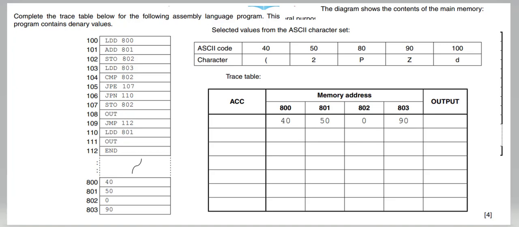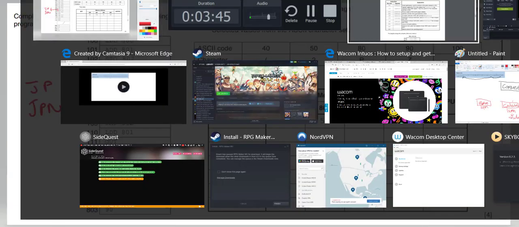STO, remember, will always store it back into this address. We've got a comparison. Because we've got a comparison, we've got 2 different jumps. So I need to know the difference between JPE and JPN. The beauty is that is why we've got this table for us.